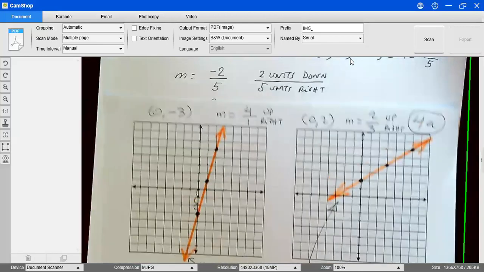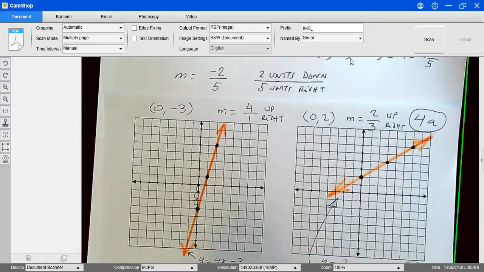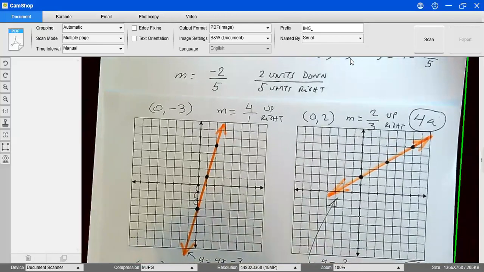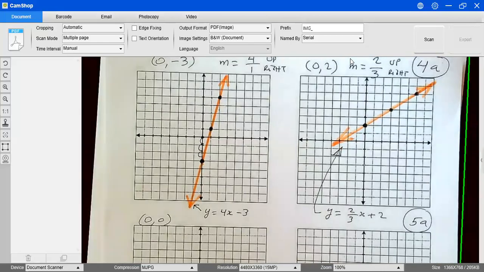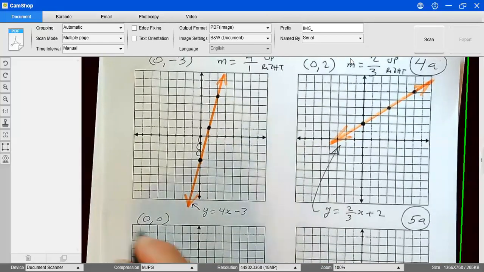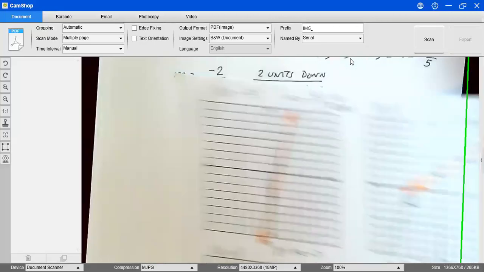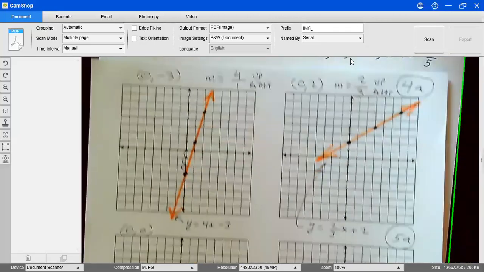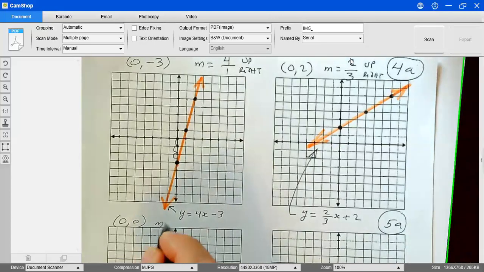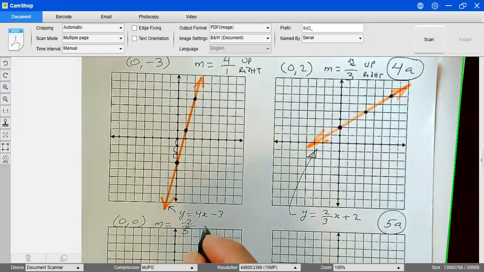So I have 0, 0 now as the starting point, and the slope is negative 2 over 5. So this is down and right.